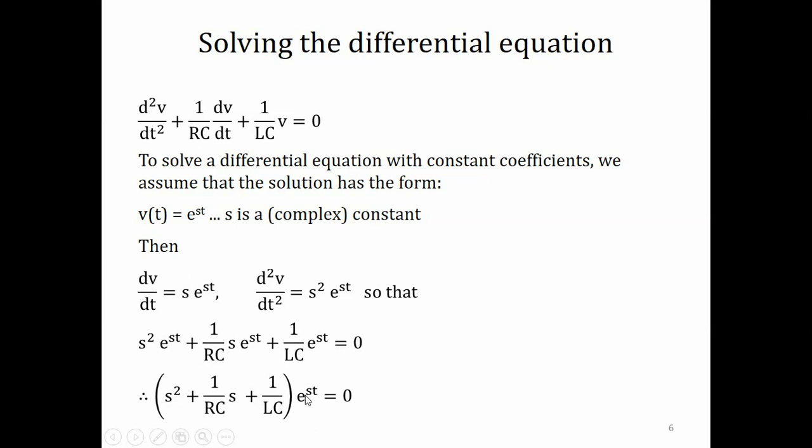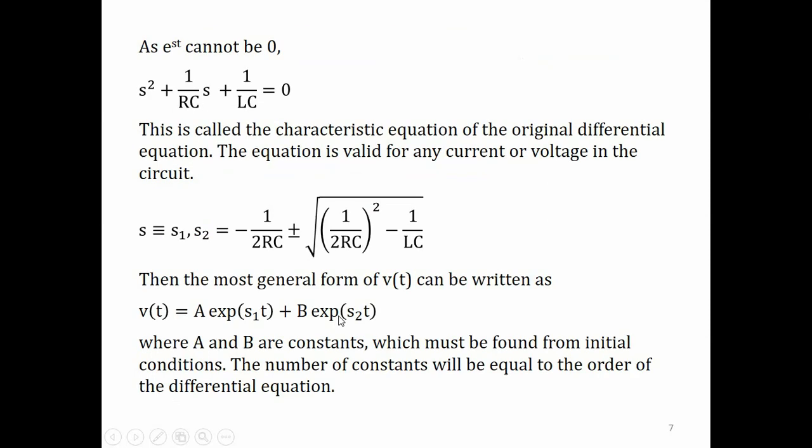So e raised to st becomes common, and since e raised to st cannot be 0, we can cancel it and we get this equation. This is a polynomial in s. It is called the characteristic equation of the original differential equation, and it's a second order polynomial because it's a second order differential equation. It will be an nth order polynomial if it's an nth order differential equation.